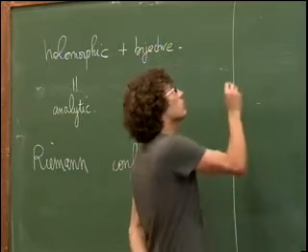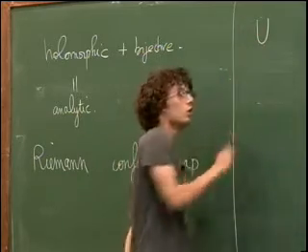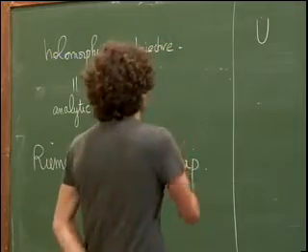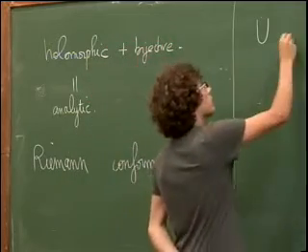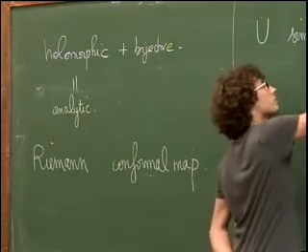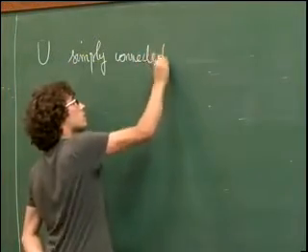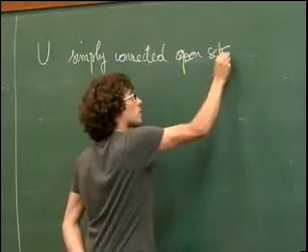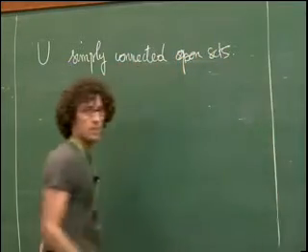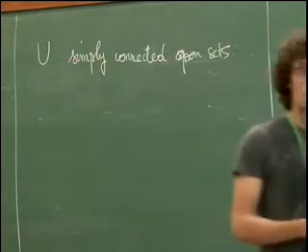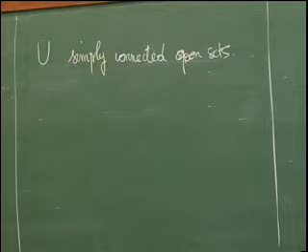OK, so the second thing that I will need: U will always be for me an open set. And in this TA, I will consider simply connected open sets. So how many people know what is simply connected? Whoa, everybody? No, I cannot ask the opposite question, I guess.